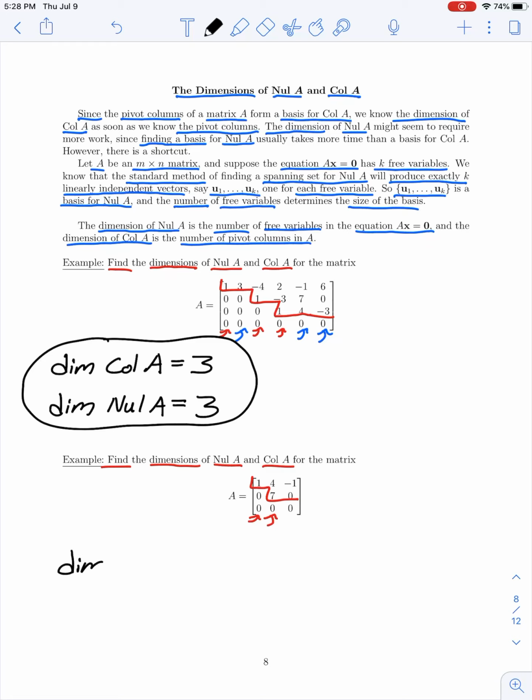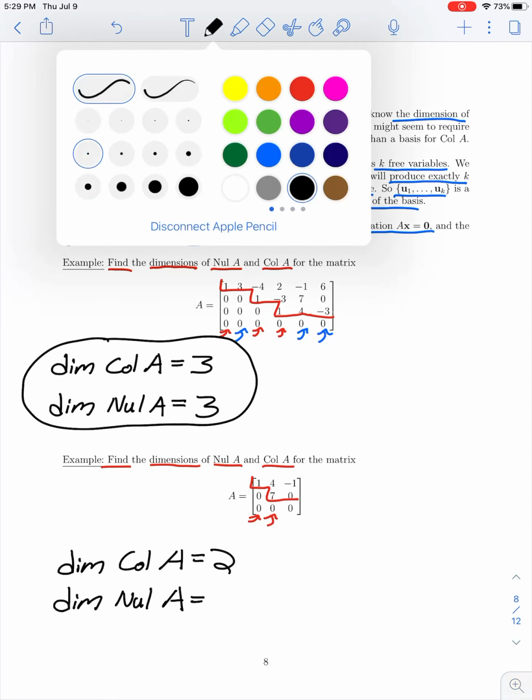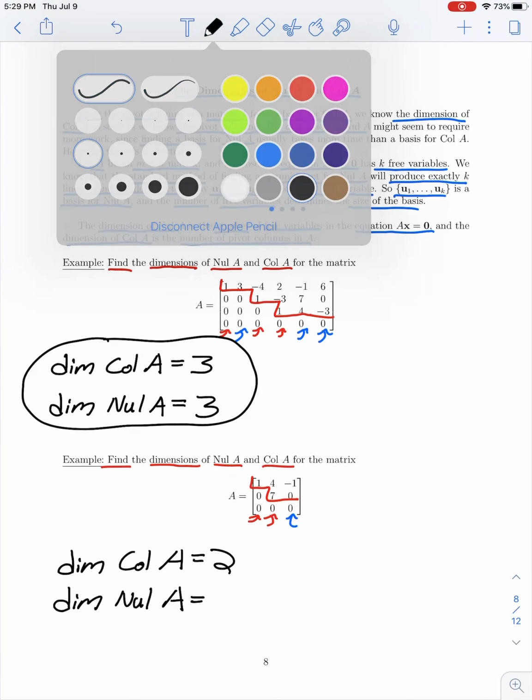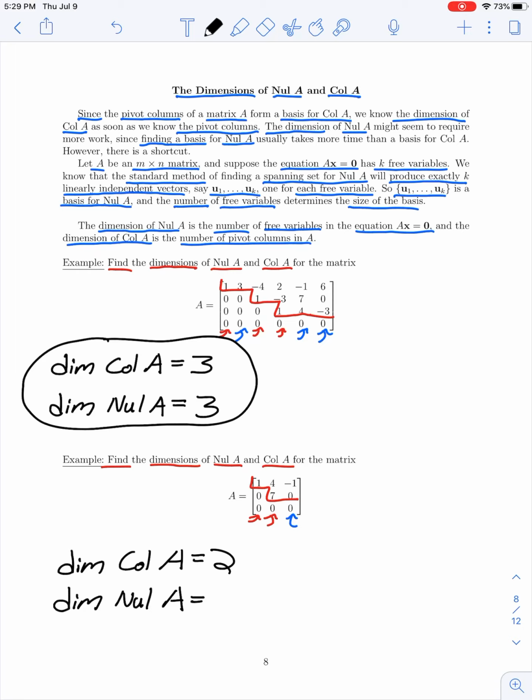Therefore, the dimension of the column space of this matrix A is equal to the number of pivot columns, which was 2, and the dimension for the null space of this matrix A is equal to the number of free variables for the system AX equals 0, and we can see from our matrix that there is 1 free variable, 1 non-pivot column. Therefore, the dimension of the null space is 1.